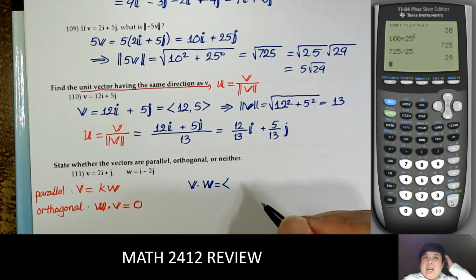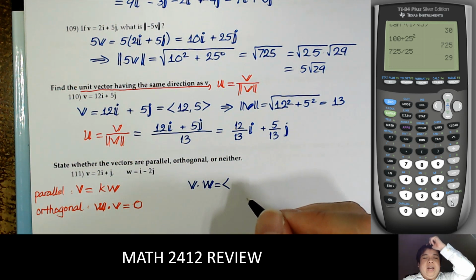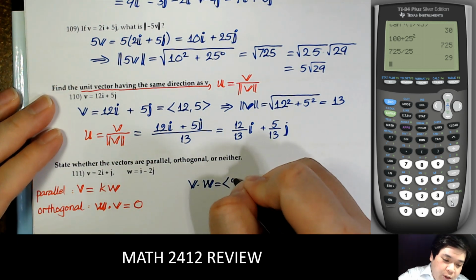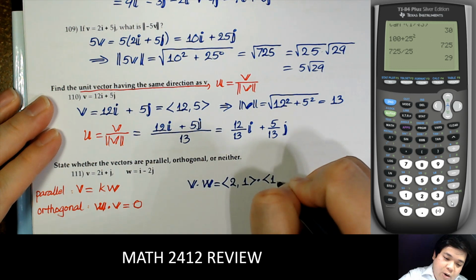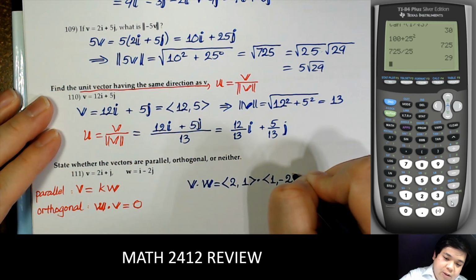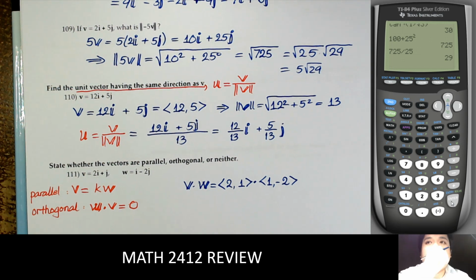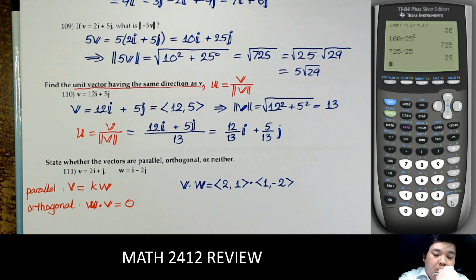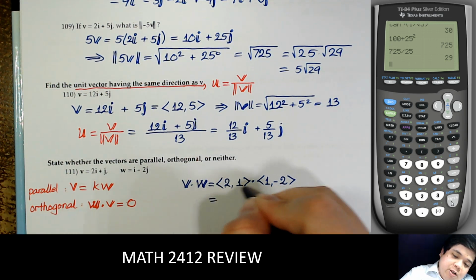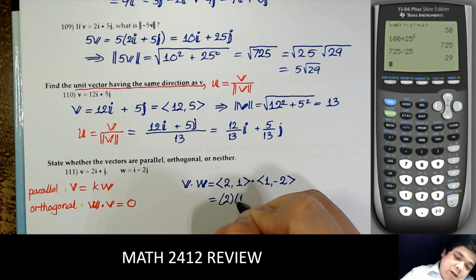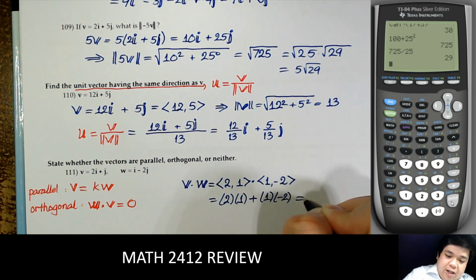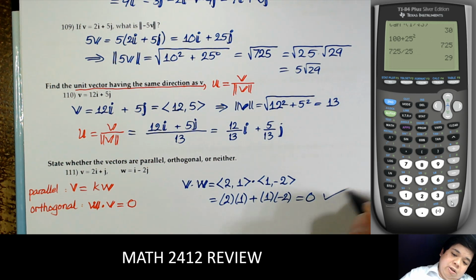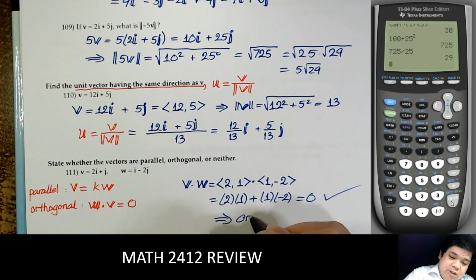Like I said, we can switch between ijk components, or just have the 2 and 1 in angle brackets like that, and 1 and negative 2. The first with the first, 2 times 1 plus 1 times negative 2, and that is equal to 0. So yes, they are orthogonal.